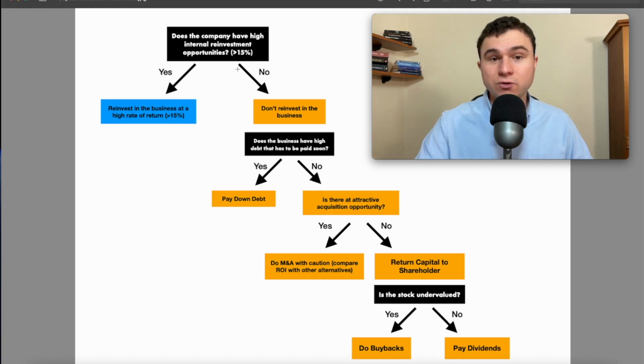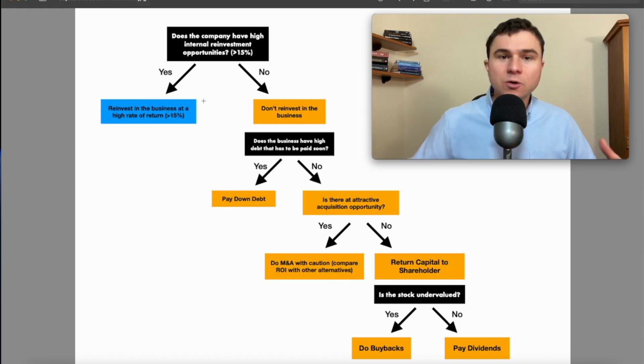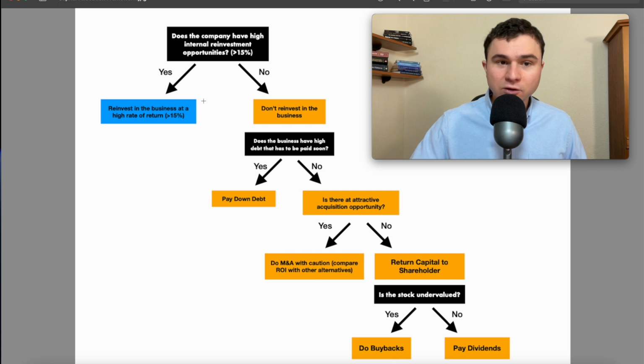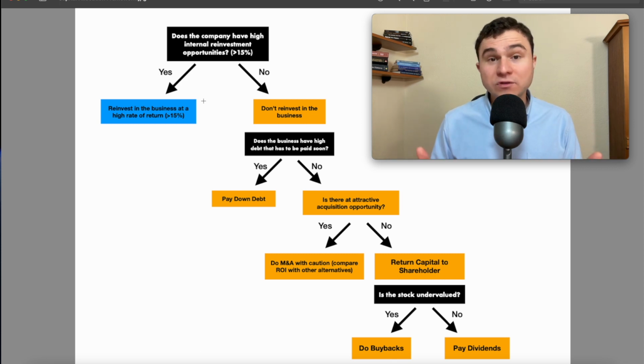The first question you have to ask yourself is, does the company have high internal reinvestment opportunities? Meaning return on capital superior to 15%. You can check the return on capital. You have different metrics.